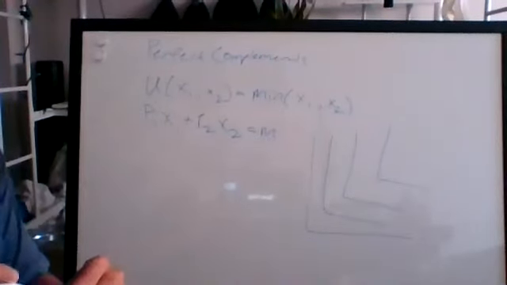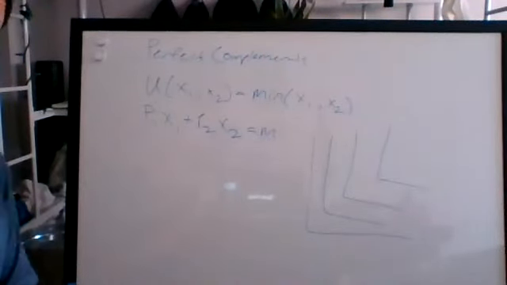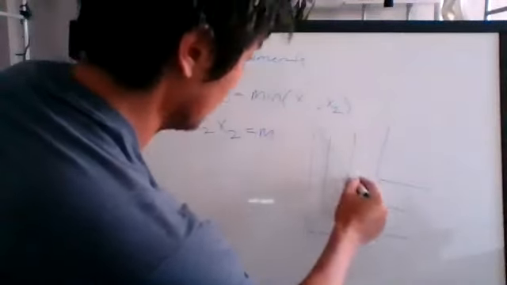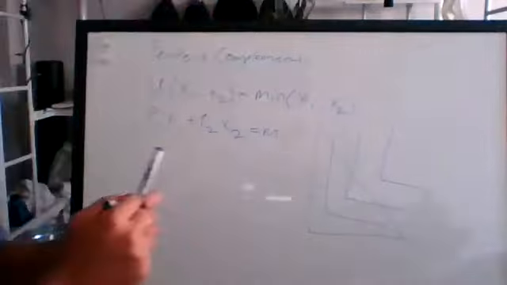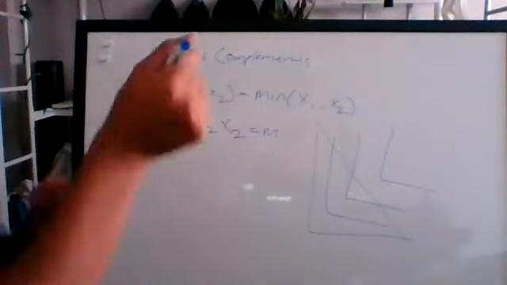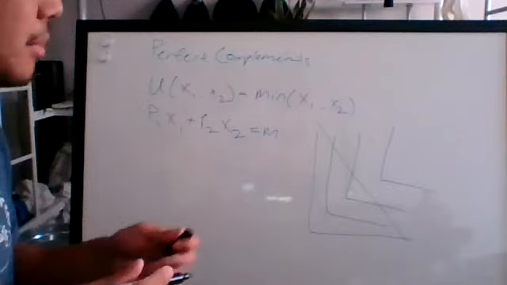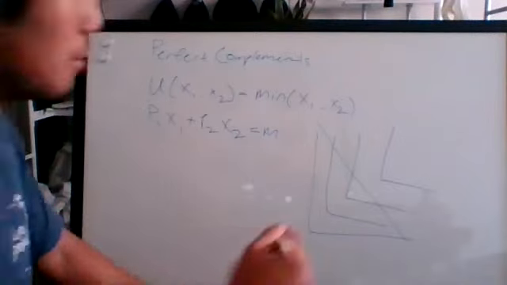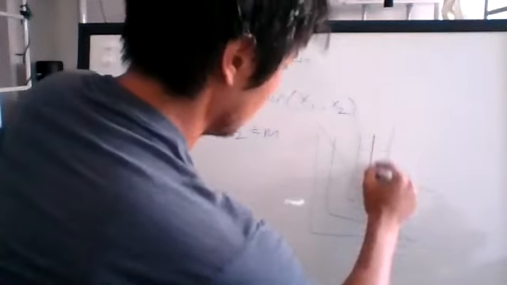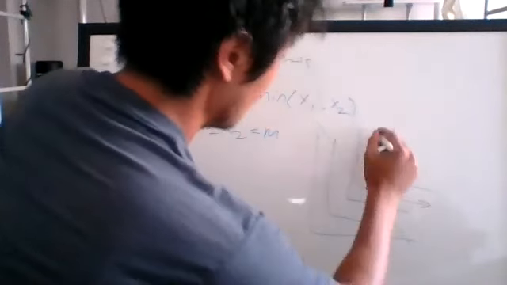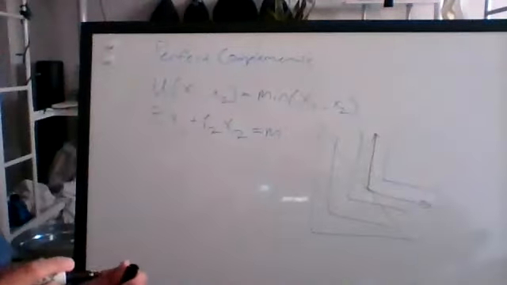So say that we have a budget constraint that looks something like this. Well, then in this situation, the indifference curve that puts us highest, so the highest amount of utility while still being affordable, would be something like this, right? Does everybody kind of agree with that?